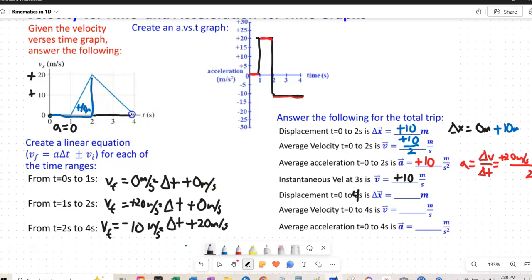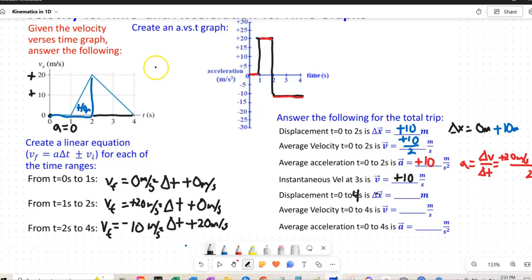So this area right here is going to be 20 to 0 times 10. So that area is going to be 20 times 2 divided by 2, right? Because this is a rectangle, half of a rectangle is a triangle. So 20 times 2 divided by 2, that's 40 divided by 2, so that's 20.